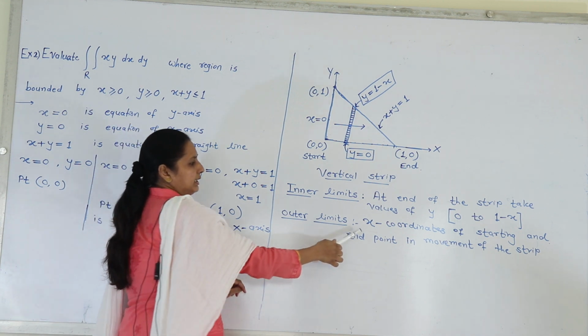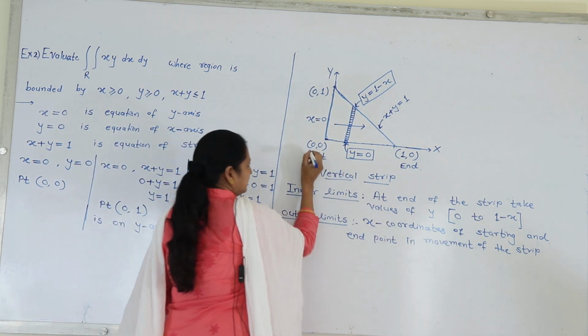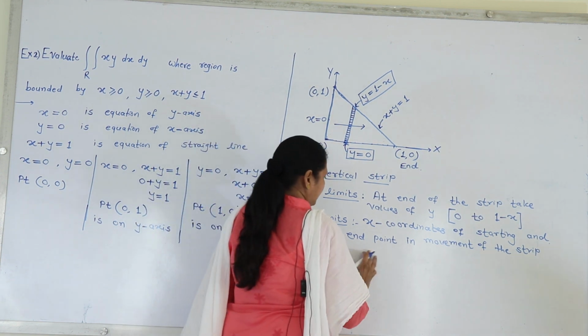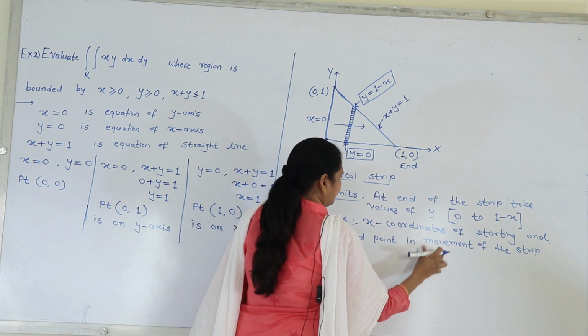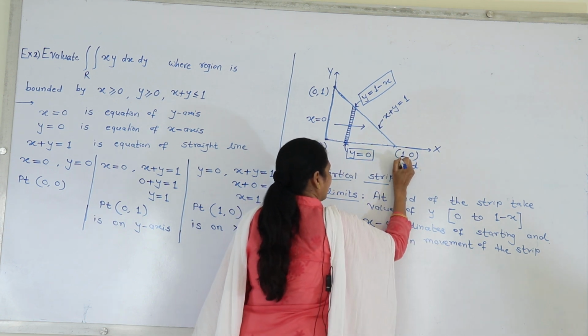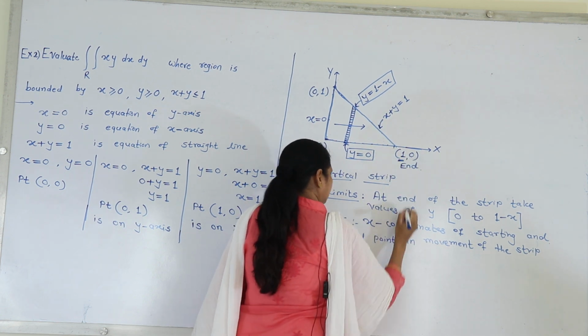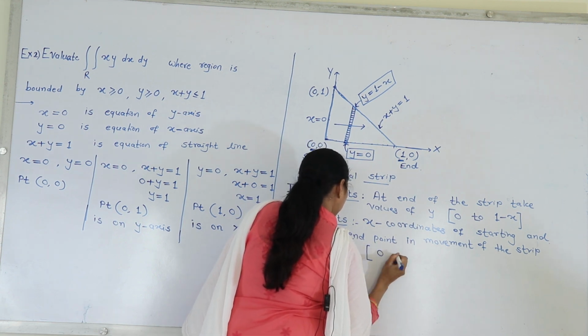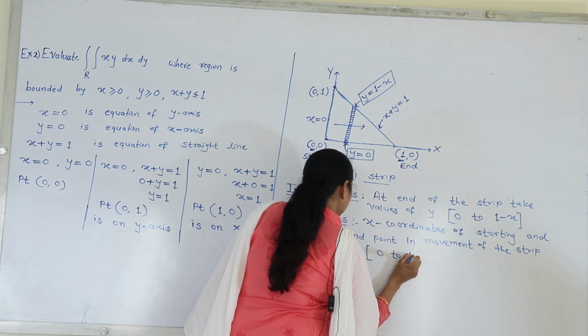Now the x coordinate of the starting point is 0, and the x coordinate of the end point is 1. Therefore, the outer limits are 0 to 1.